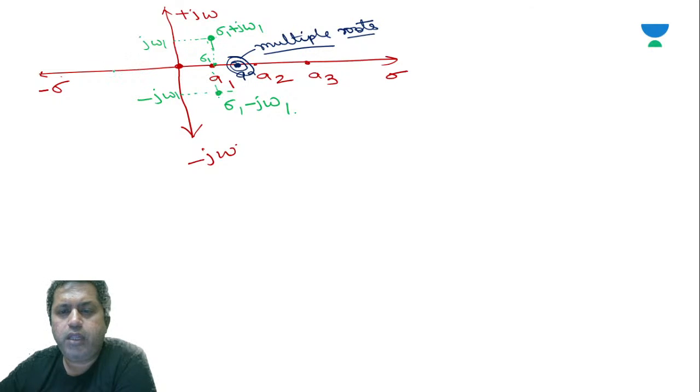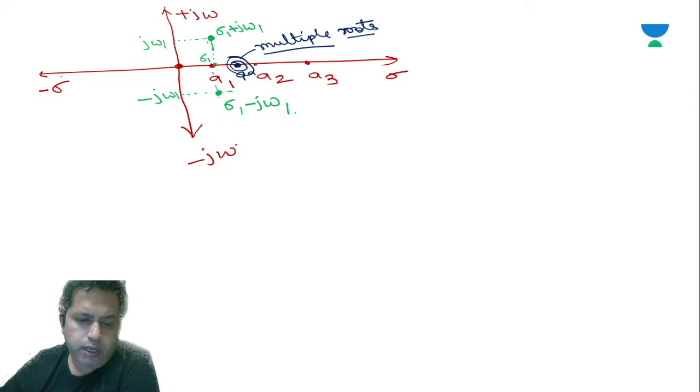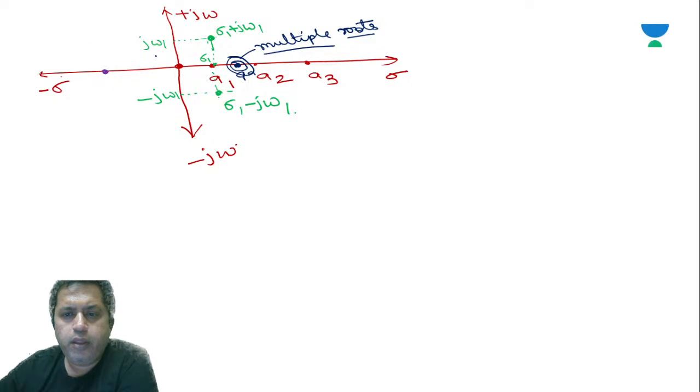The second pair is when the real part is negative. So let us say this is j omega 2, this is minus j omega 2, and this is minus sigma 2.